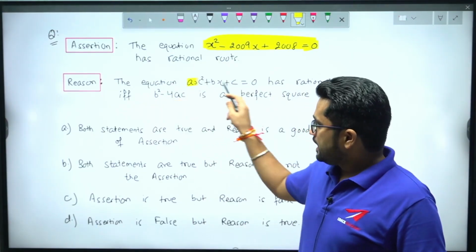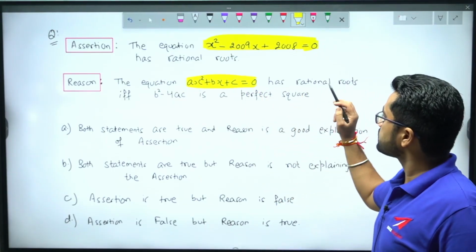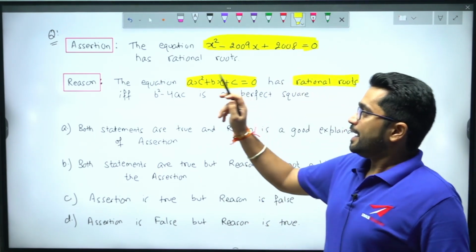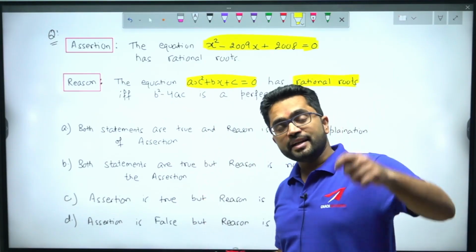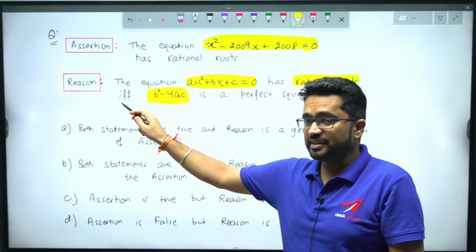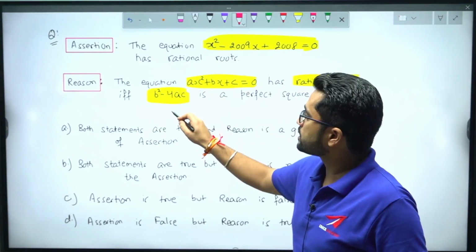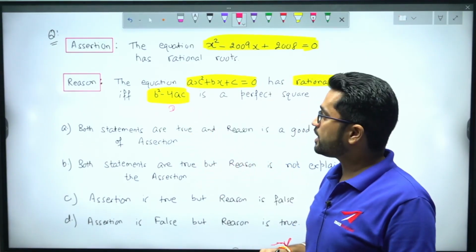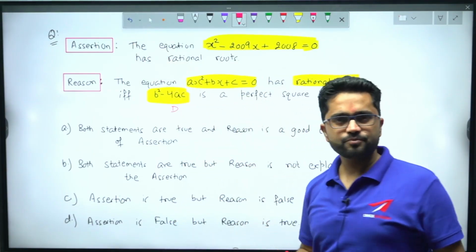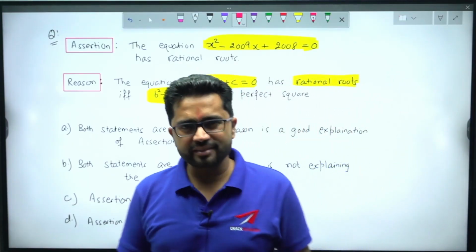The equation ax square plus bx plus c has rational roots if and only if, what do you mean by if and only if? That means only under this condition. IFF means if and only if. This b square minus 4ac is the discriminant. If the discriminant is a perfect square. So the first statement needs some calculation, but the second statement is a factual thing.